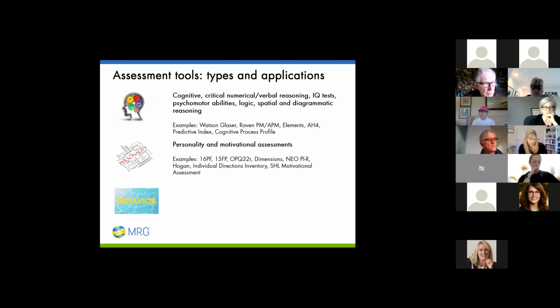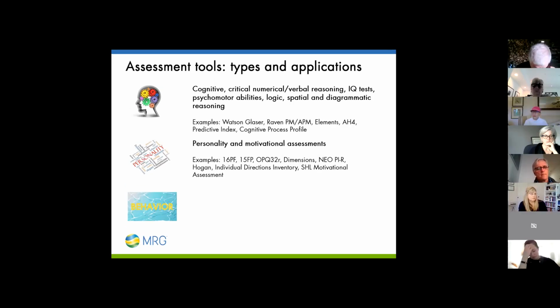So always feel free to access us, because we can probably save you a heck of a lot of time and give you more immediate answers. You'll notice that the Myers-Briggs type indicator is not there, simply because it is not valid for selection.